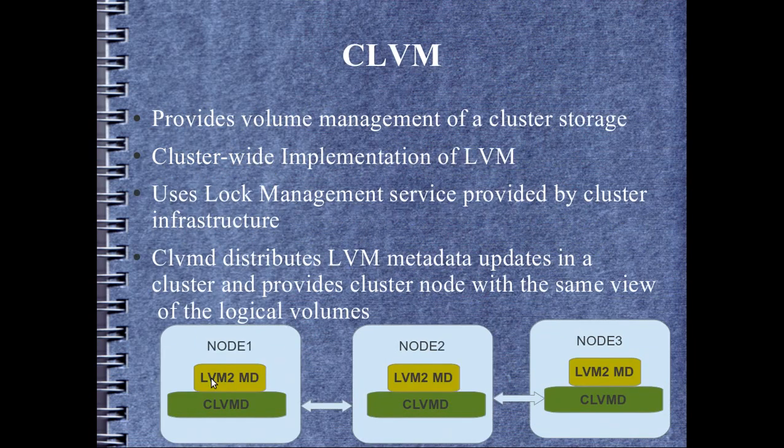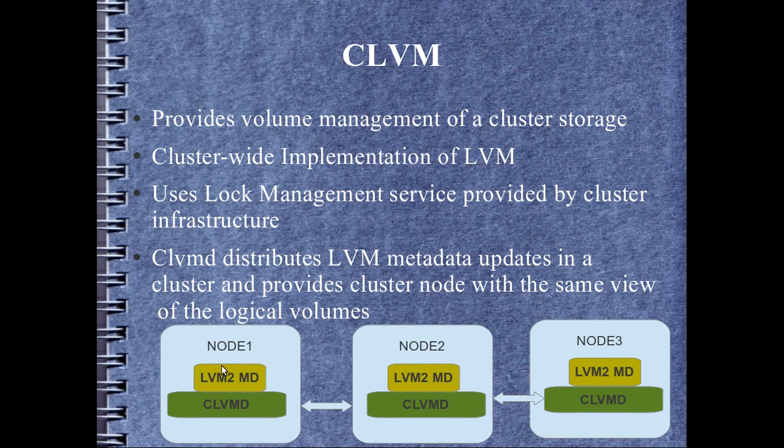So in case you are trying to modify something related to LVM2 metadata, all the nodes are aware of that modification. At the same time, if node 2 tries to modify anything, it won't be able to modify because node 1 has received a lock from DLM which is visible to all the nodes in the cluster.